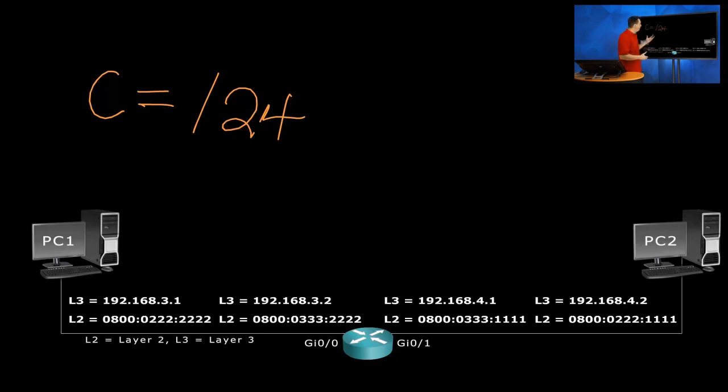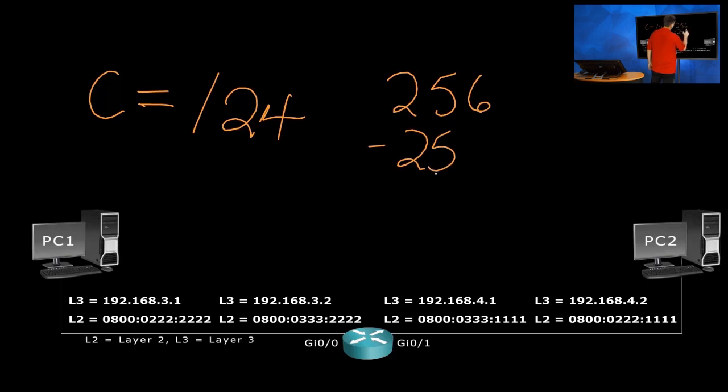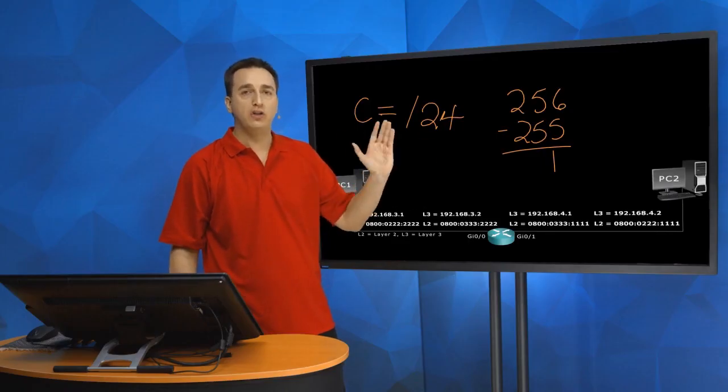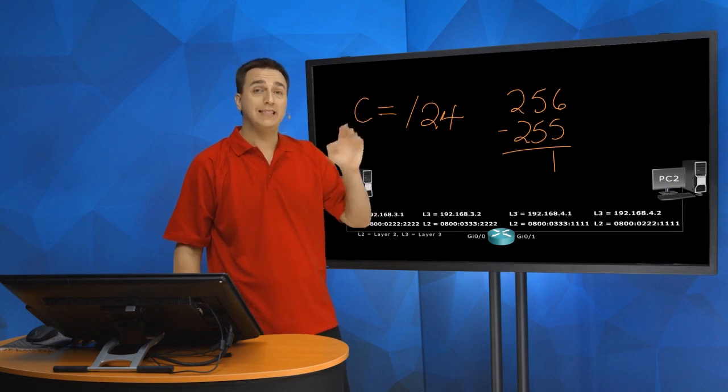Because if we take this value of 24 and we use our block size technique of 256, subtract from that 255 in the third octet of a /24, then we end up with a value of 1. So in this case, /24, we have 255.255.255.0.